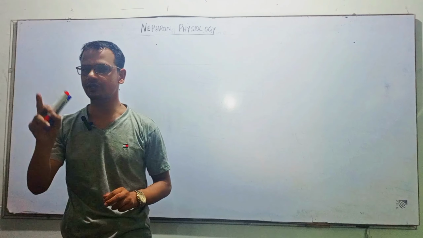So for example, here I have the renal artery, and from the renal artery it divides and divides and forms a glomerular capillary tuft. This is called the glomerular capillary tuft, and this is the efferent arteriole, right? For example, this blood is coming from the renal artery.